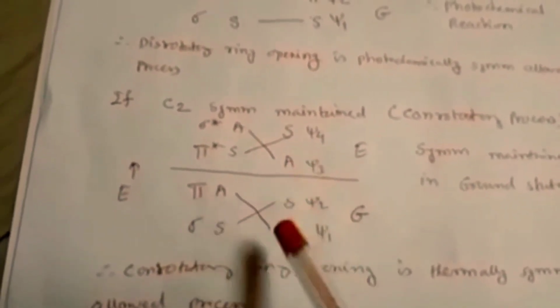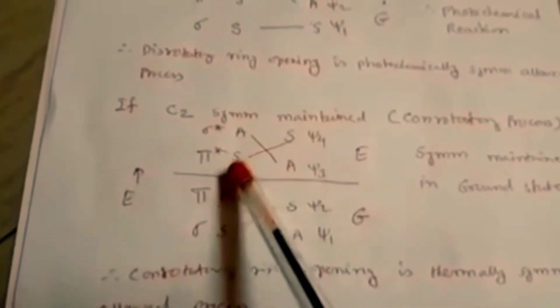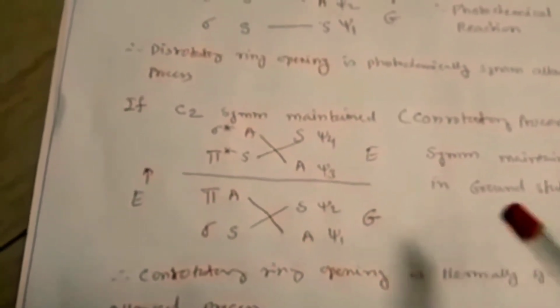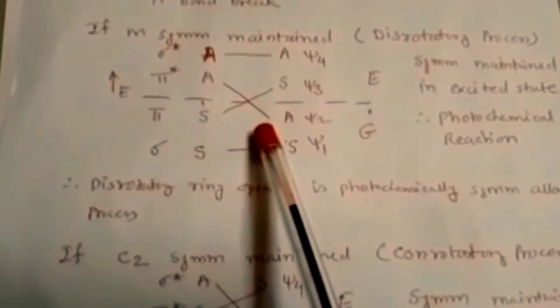That means the only possibility is that symmetry is matched in the ground state. So if symmetry matches in the ground state, then that process is thermally allowed, whereas if symmetry is matched in the first excited state, then the process is photochemically allowed.